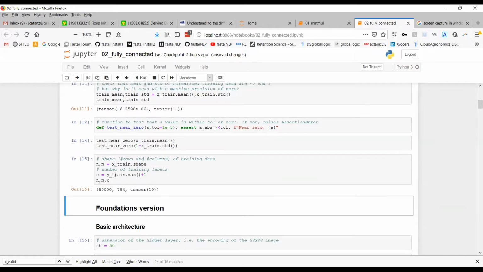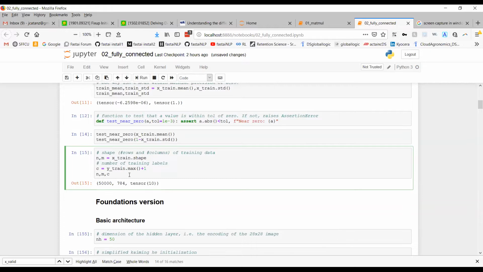And then for the output layer, we add 1 to the max of y train. Because remember, y train is going to be digits from 0 to 9, so the maximum of that is 9, and the number of digits is actually 10, because we have 0 through 9. That's why we add 1 here. C is basically the number of possibilities in y train.